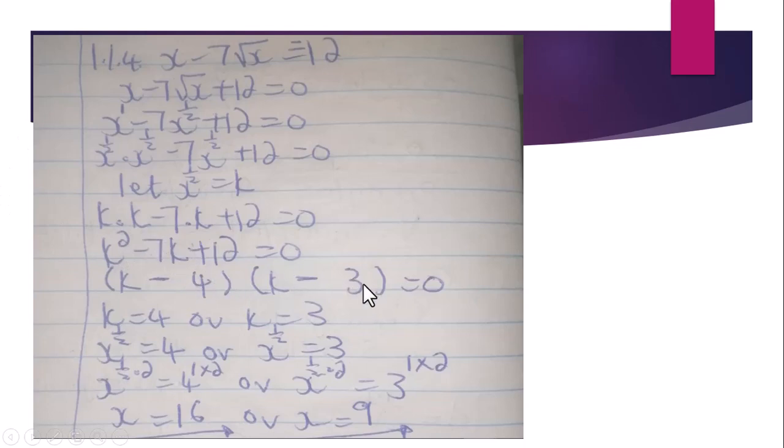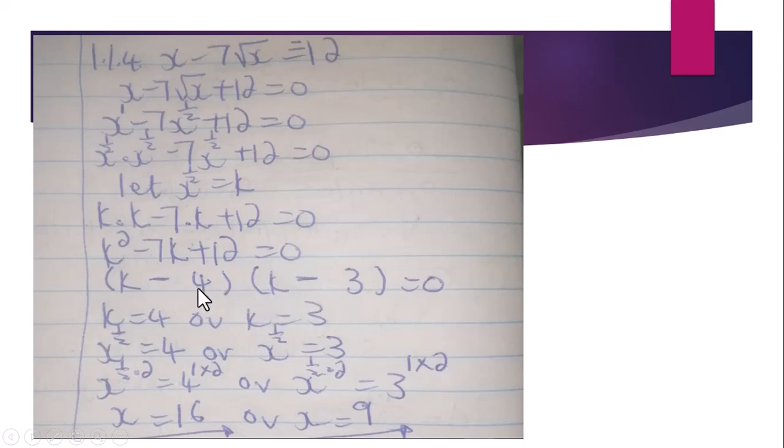So only 4 and 3 qualifies. The bigger number takes the sign of the middle term. When you multiply them, you should get a positive. So when this is negative, that also has to be negative, so that negative by negative is a positive.